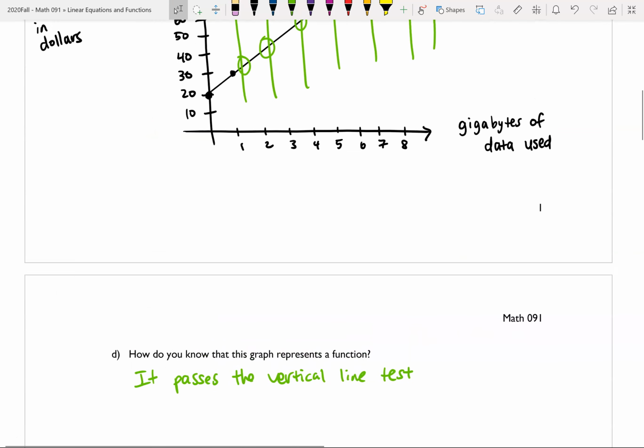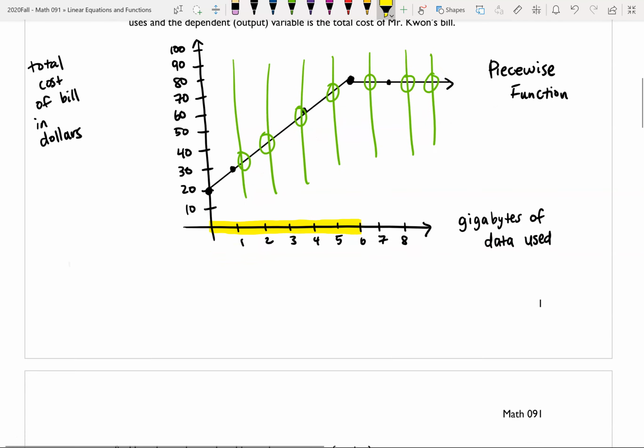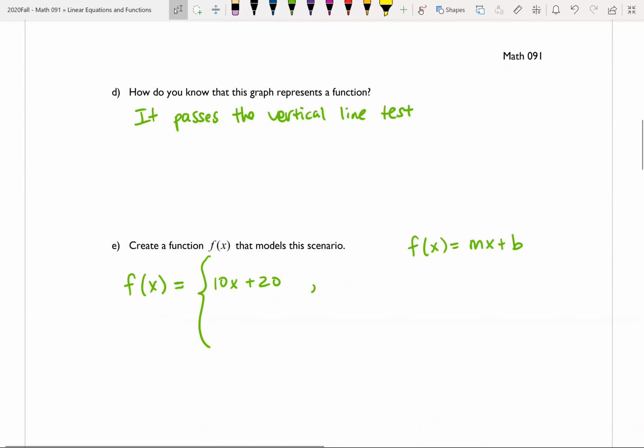So if we go back to the graph, what you'll notice is that it takes on that function when our input values are between 0 and 6. And so if I come back here, it's separated by a comma. Sometimes you'll see the word if instead of a comma, but that means the same thing. And so here, generally in piecewise functions, we use inequality notation. So I'm going to put 0 is less than or equal to x, which is less than or equal to 6.